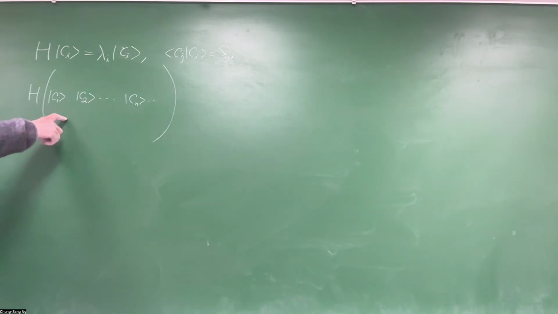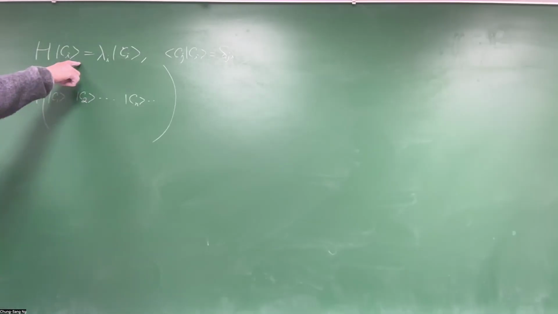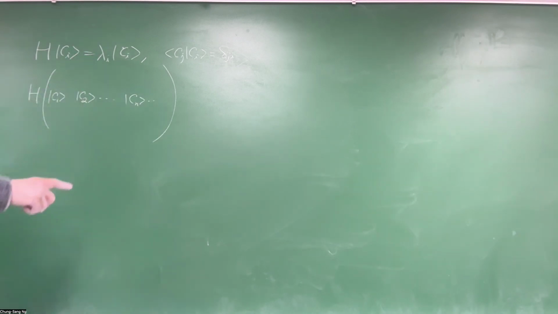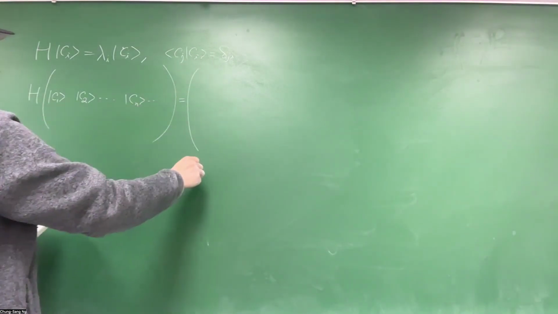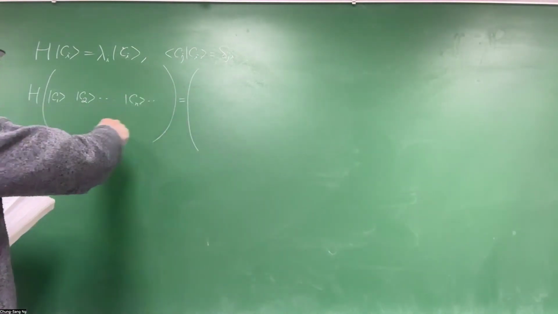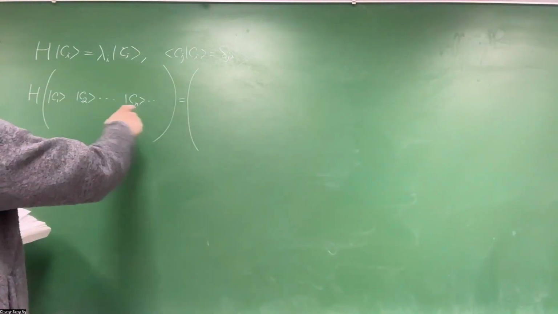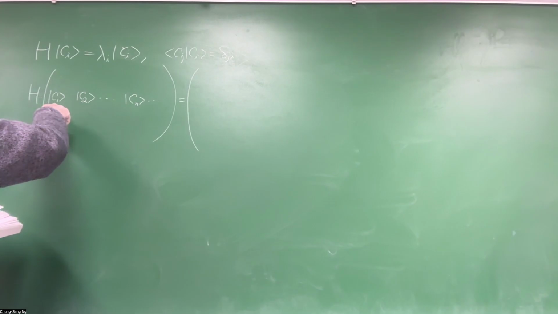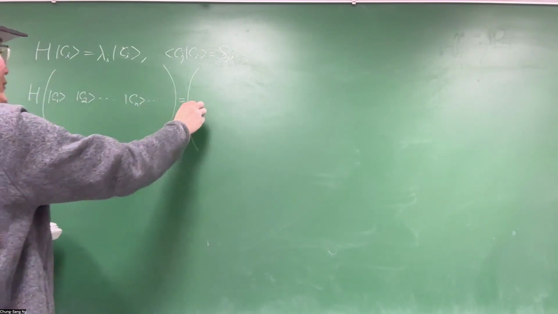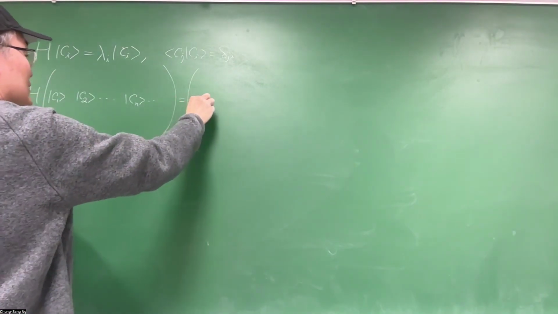Now H operates on this matrix, and by the eigenvalue equation, that becomes still a square matrix, but each column is different now. H operating on C sub 1, the first column, gives you lambda 1, C1.